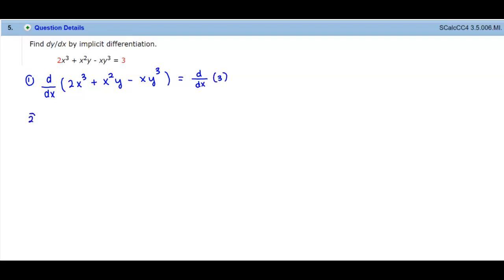Okay, so when we take the derivative of the first term, 2x cubed, we end up getting 6x squared. Plus, now we have a product here, so we need to use the product rule.